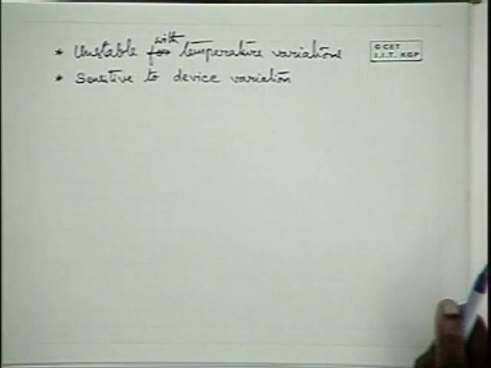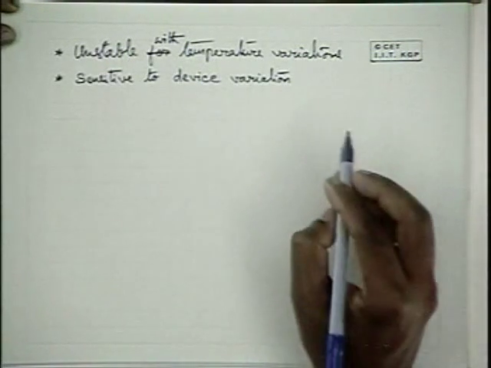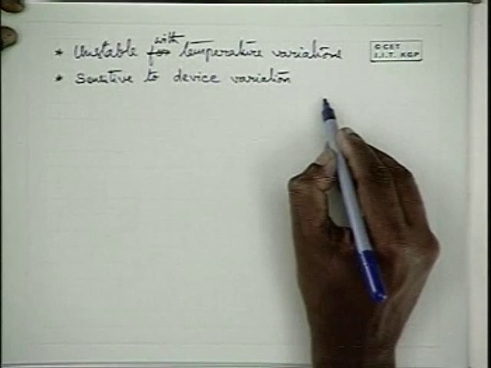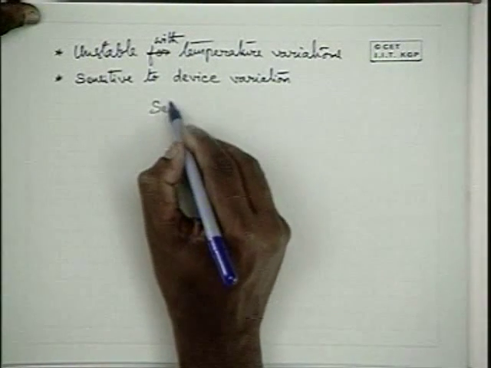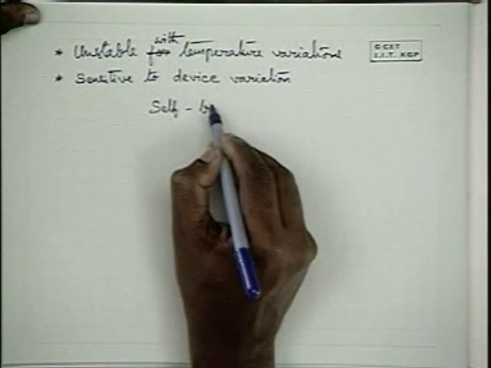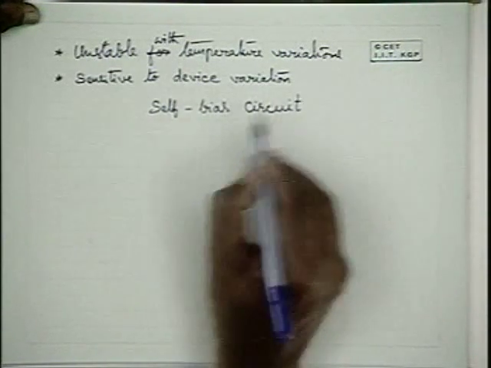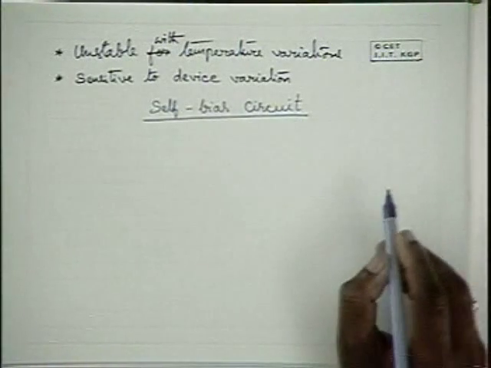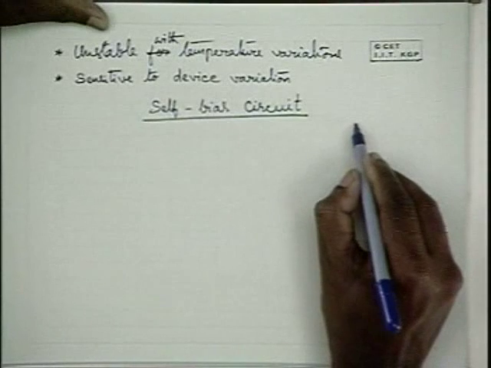Then what are the other circuits that are available? You have the self-biasing circuit. That is available and it gives you good stability.